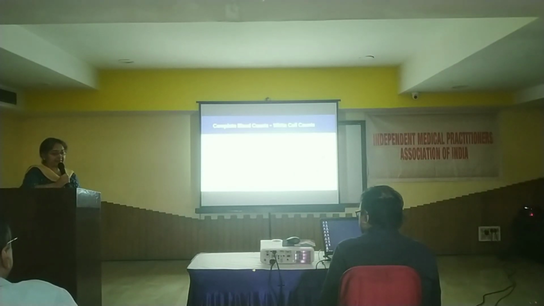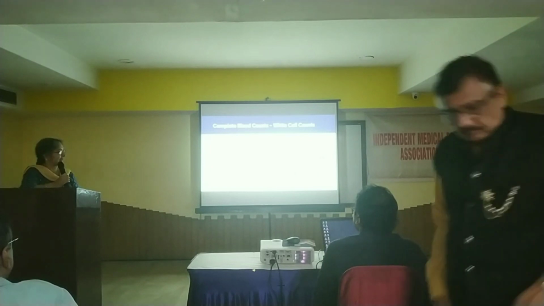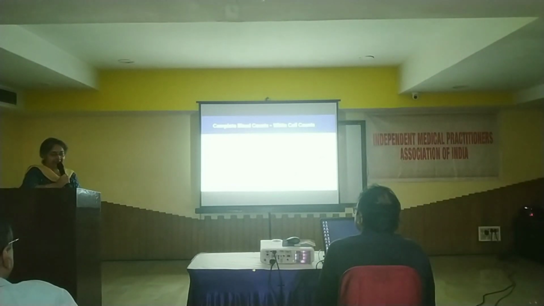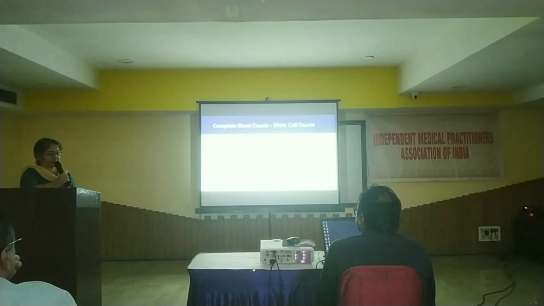So how do we interpret the CBC? We discuss the white cell count first, as we are talking about fevers. The normal total leukocyte count ranges between 4,000 and 11,000 cells per microliter. As a general thumb rule, higher counts over 11,000 cells direct us towards a bacterial infection, lower counts towards a viral infection.